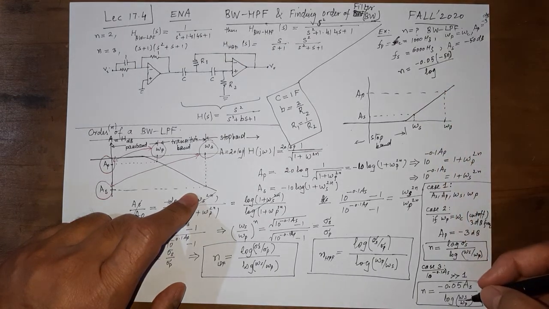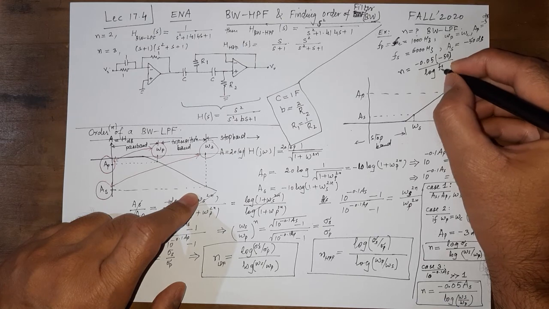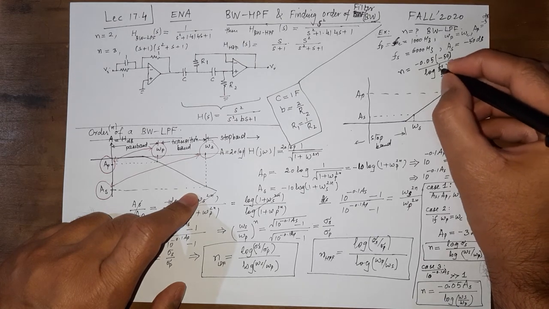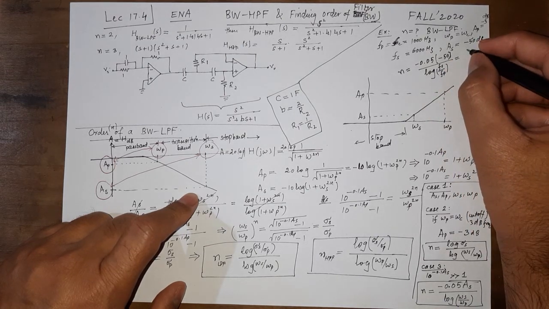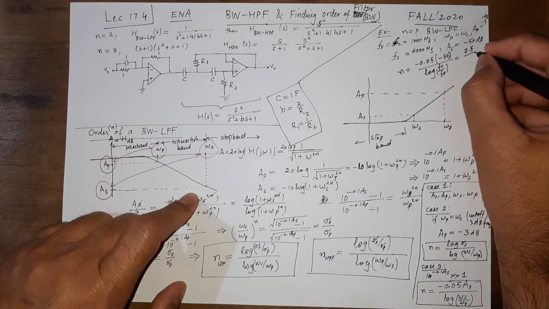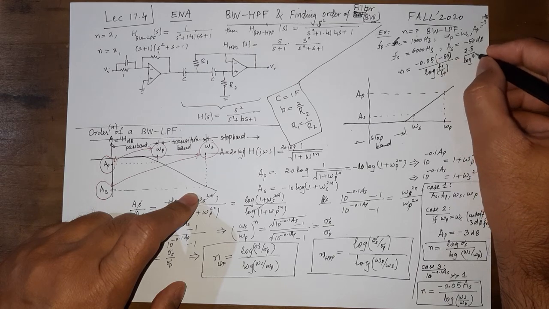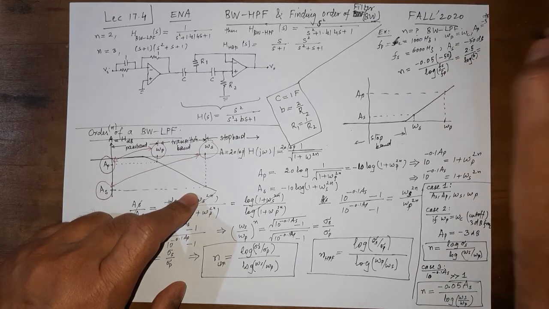It doesn't matter if it is a ratio between omega S and omega P, or Fs and Fp, because 2 pi cancels. So this is equal to 2.5 over log of 6000 over 1000, that's log of 6.